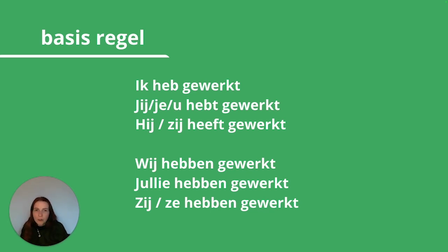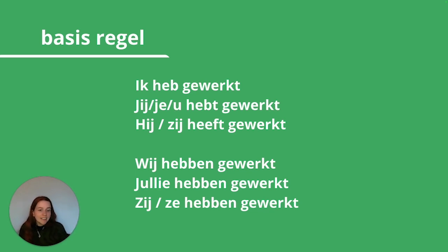If you don't know how to take the stem of a verb yet, you should be watching my video about the present tense first, because it shouldn't be that you go over the past tenses before you've mastered the present tense. As you can see, we are adding a GE before the stem, before werk, and then we are adding a T.